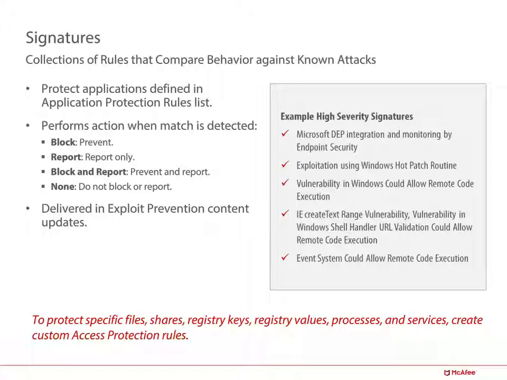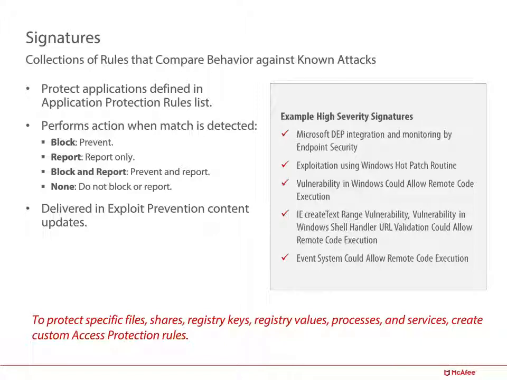I can change the action settings for these signatures, but I cannot actually change the signatures themselves. The signatures are designed to protect specific applications, which are defined in the application protection rules list. When an attack is detected, the exploit prevention can stop the behavior that is initiated by that attack.